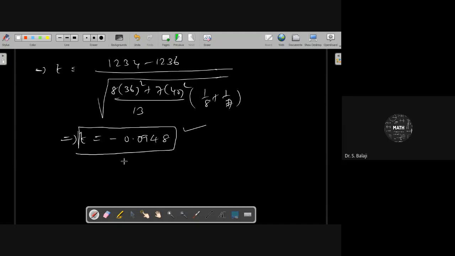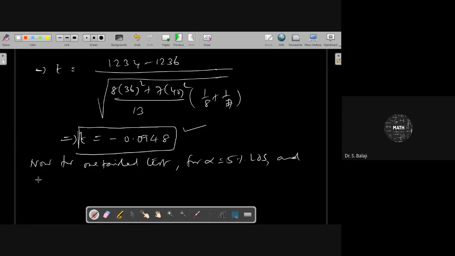Okay, then we have to consider the critical value. Now for a one tail test and for alpha equal to 5% level of significance, what about the degrees of freedom?